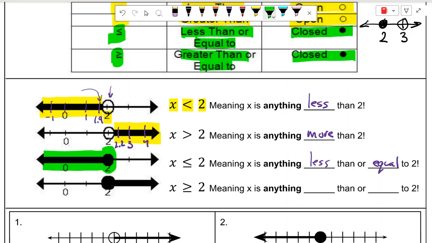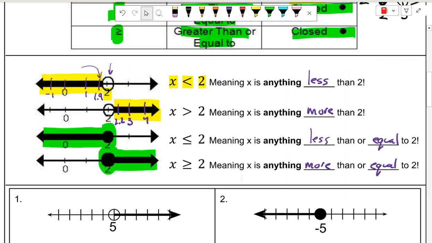And then you can see the last example is just the opposite. It's anything more than 2, and it also includes 2. So x is greater than or equal to 2, meaning x is anything more than or equal to 2.